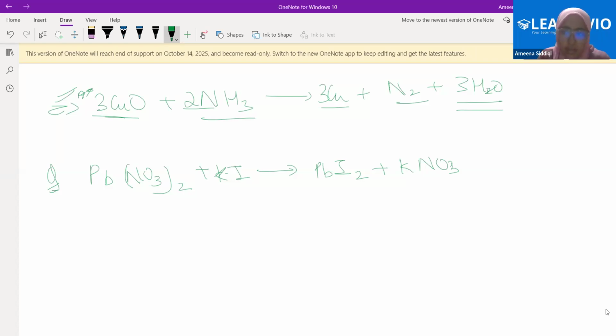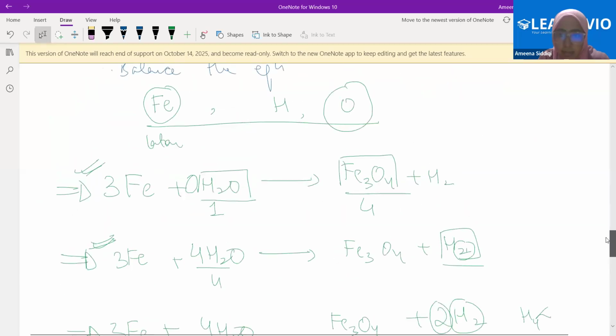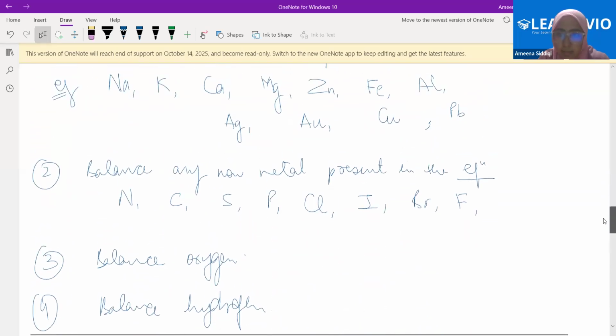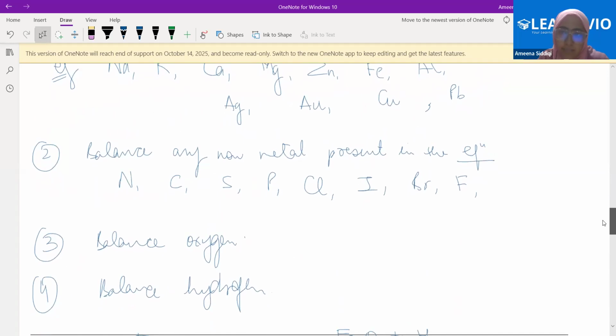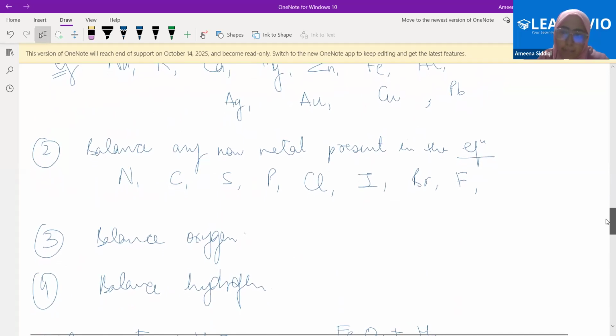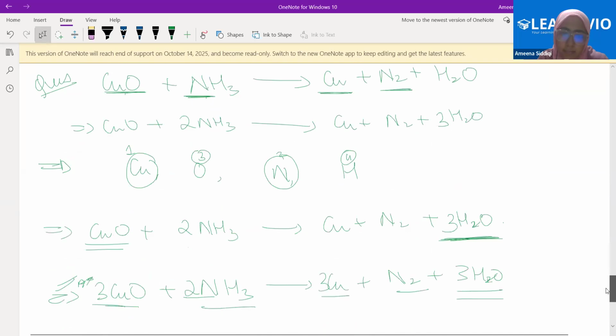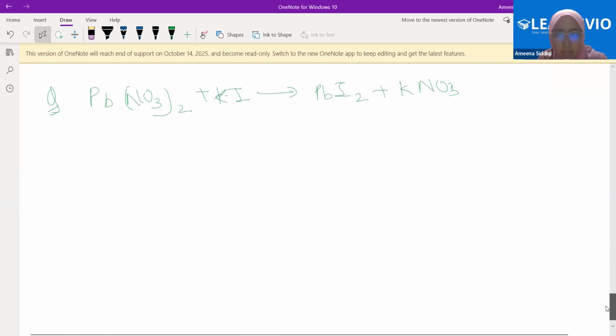Yes, that is lead. I wrote it there. See the example. I've written there in the last, right? Keeping this example in mind, I wrote it there. No worries.